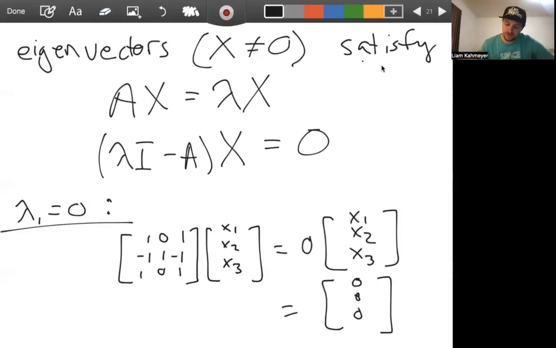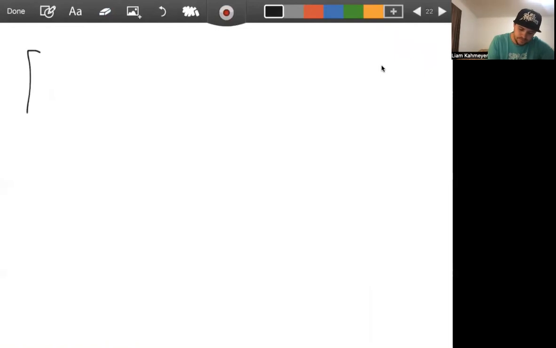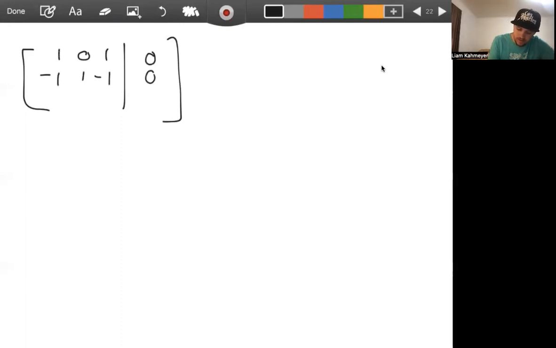This gives us a homogeneous system of equations. Well, let's write out what they are. Or let's write the augmented matrix for them. So this is 1, 0, 1, 0, and then -1, 1, -1, 0, 1, 0, 1, 0.